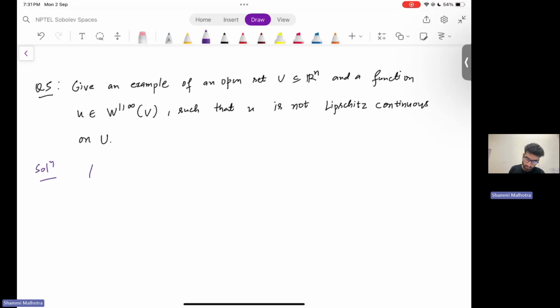If we consider A to be the set, in terms of polar coordinates r comma theta, and I'm considering r to be just from 0 to 1, so the punctured unit ball, and we have theta to be between minus pi to pi.